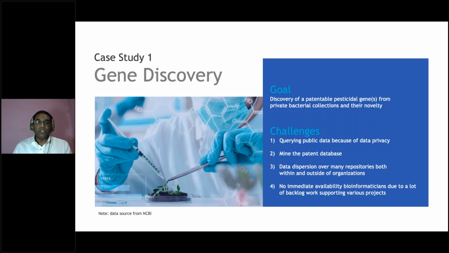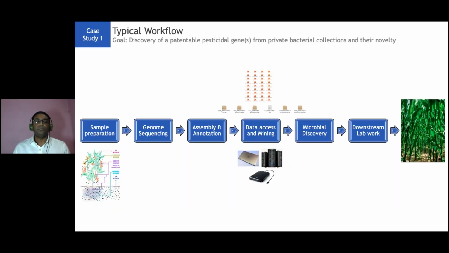As a quick note, for this case study, we are using the data from NCBI and not from any of our clients. As you all know, in a typical workflow, the scientists prepare the microbial samples from their biological library collections and submit them to the NGS facilities for sequencing purpose.